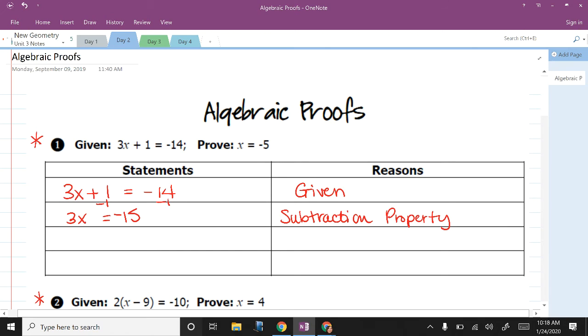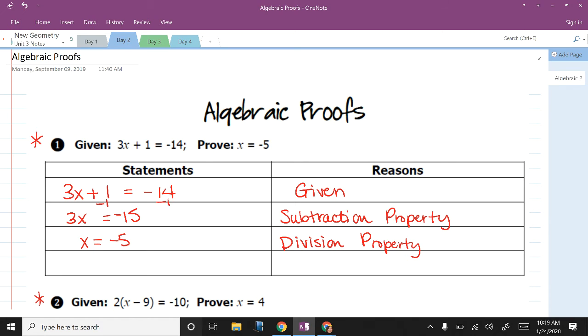Now how do we solve 3x equals negative 15? Divide by 3 on both sides, and we get x equals what? Negative 5. And what did we do on both sides? So division property. Is that what they wanted us to prove? Yes, that's my last statement. I have a reason for it, so I'm done with my proof.